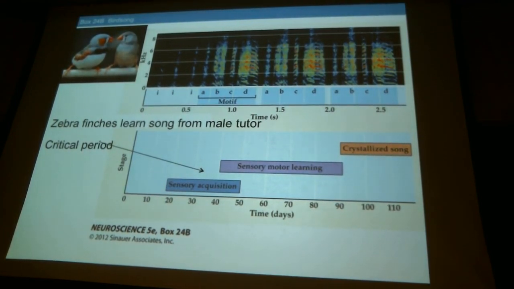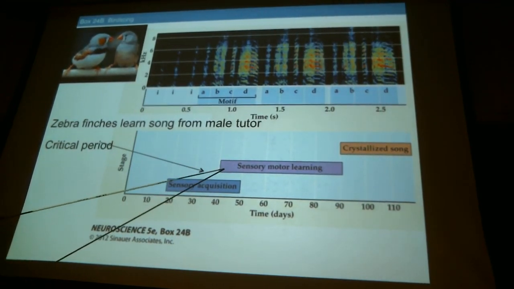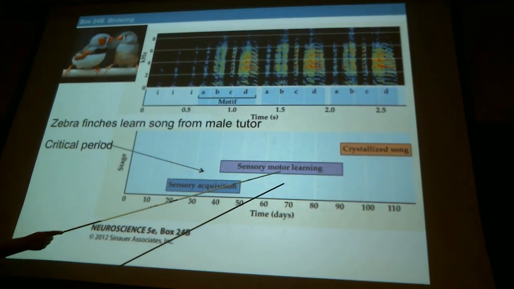The male has to learn this from his parent, so dad to son transmission. We talked a little bit in the plasticity lectures about critical periods, and so there's a period of sensory acquisition. This is time from hatching, so these are juvenile animals. Then there's a period where they're basically babbling and trying to figure it out.